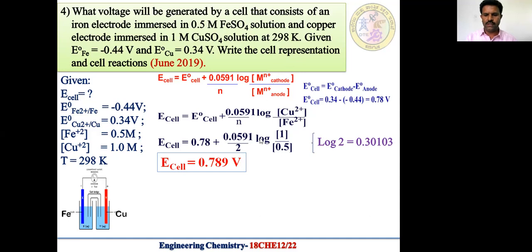So how to represent the given cell? As already decided, iron works as anode and copper works as cathode.